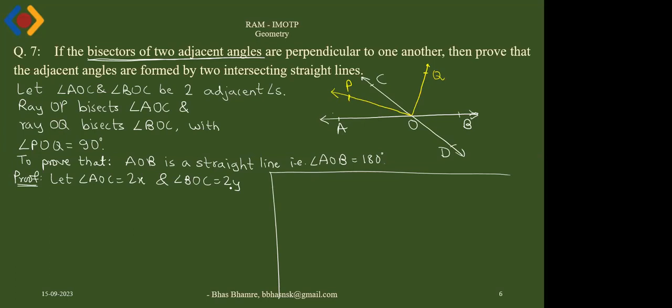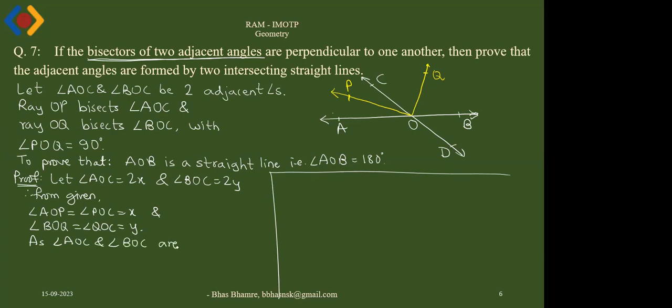Then ray OP bisects angle AOC. So from given, we have angle AOP equal to angle POC equal to x, and angle BOQ equal to angle QOC equal to y. Moreover, we have angle AOC and angle BOC are adjacent.